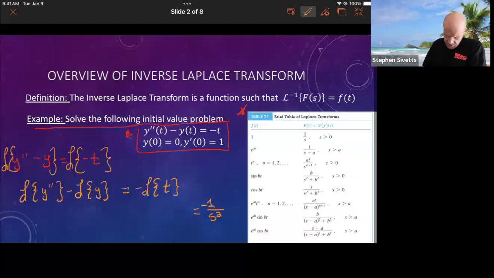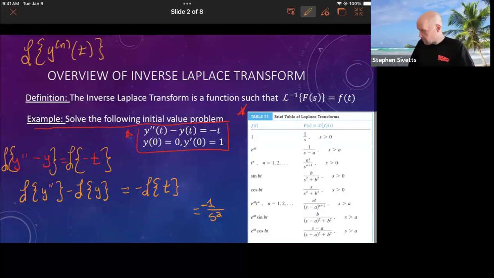Okay, so there's also another property of Laplace transforms of the derivatives of functions, right? The Laplace transform of the nth derivative of a function.